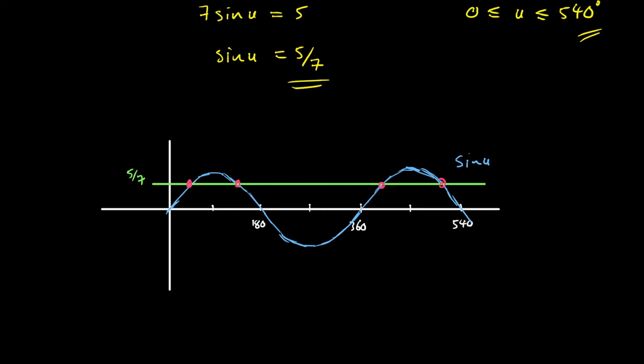And we can find the first of those by using our calculator. So we do the sine inverse of 5/7. You've got to make sure your calculator is set to degree mode. Sine inverse 5/7, and I get 45.58. I'll just keep it in 2 decimal places for the time being.